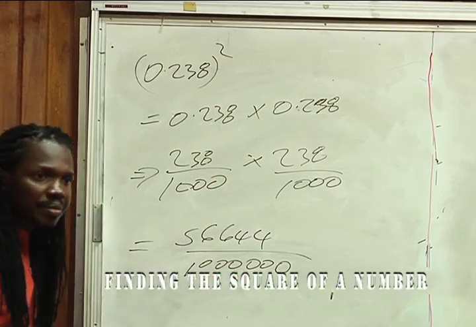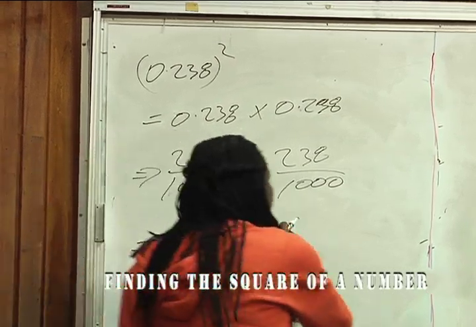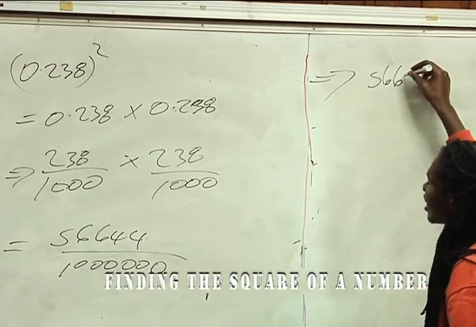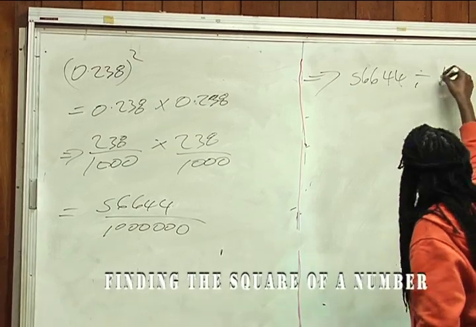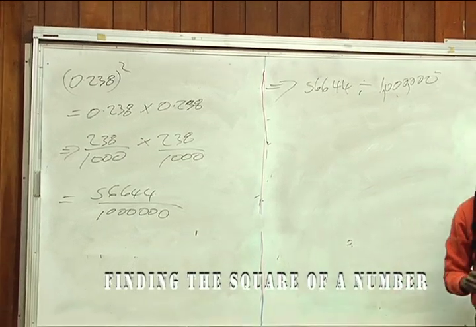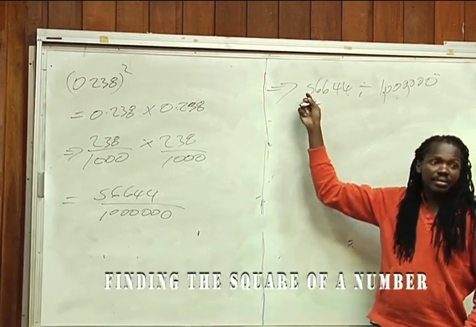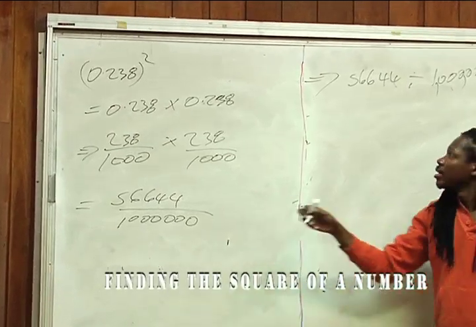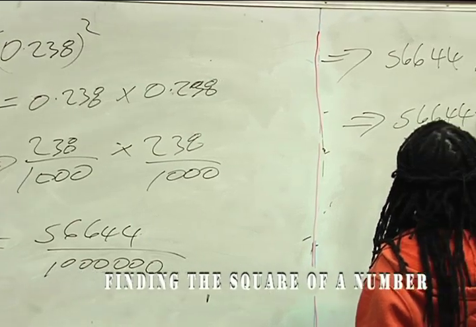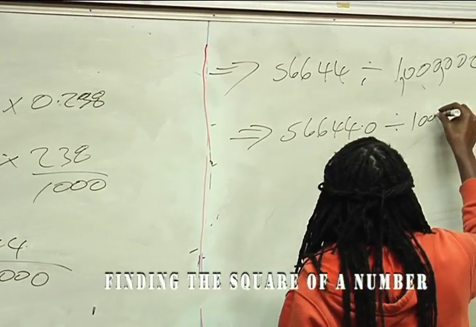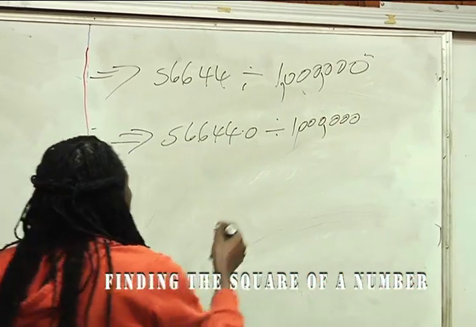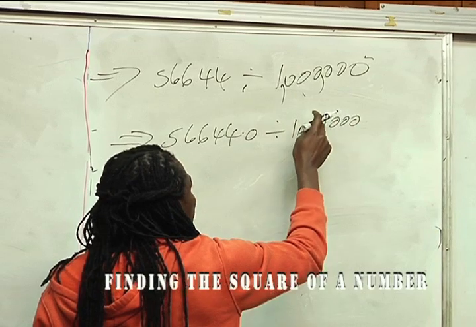So this implies 56,644 divided by 1 million. So that means I can move the decimal point 6 spaces.